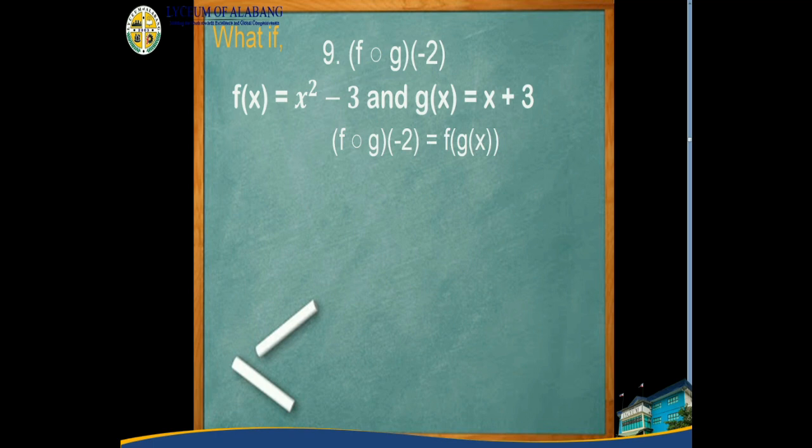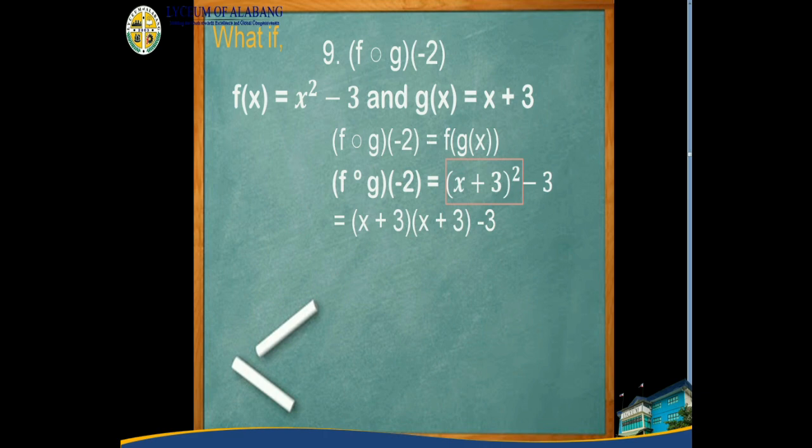To get the composition of the given function, first, substitute the value of f of g of x. So we have x plus 3 squared minus 3. Then, simplify x plus 3 squared. So we have x plus 3 times x plus 3 minus 3, and simplify again using the FOIL method.